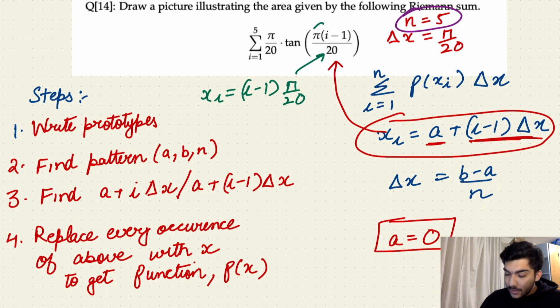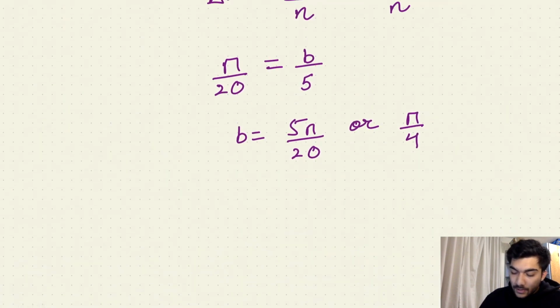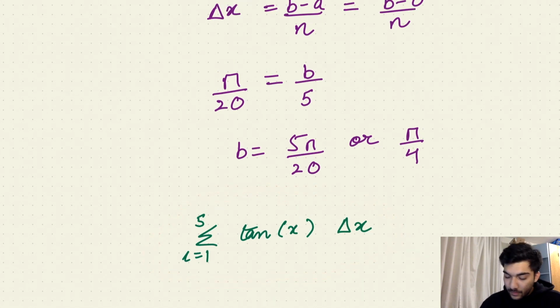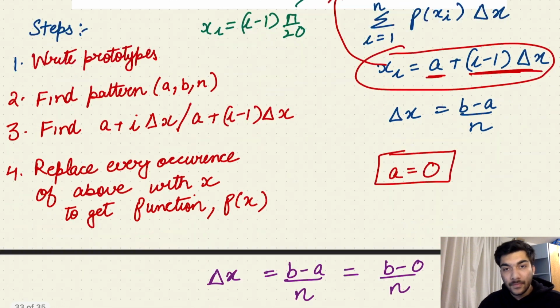So I'll replace this occurrence with just x in order to get my function. After doing everything, my function becomes sigma i equals 1 to 5 of tan x delta x. This result can also be confirmed by substituting all the values back again in order to get this Riemann sum again.